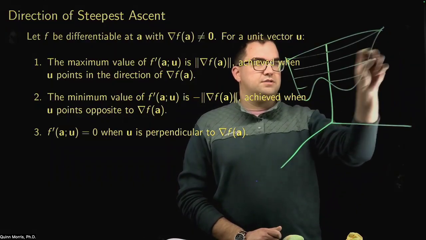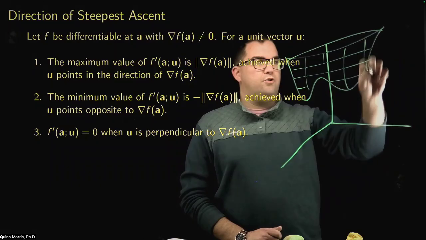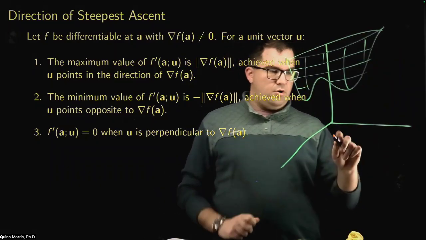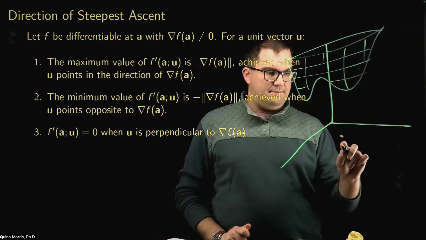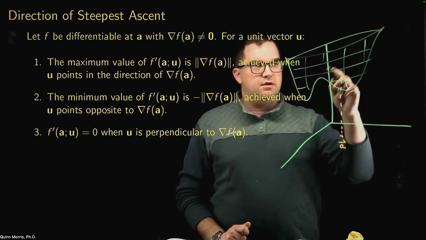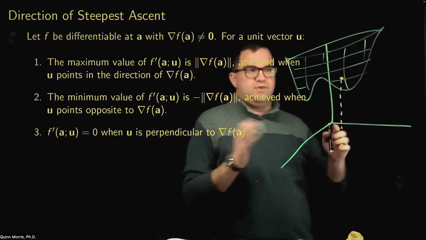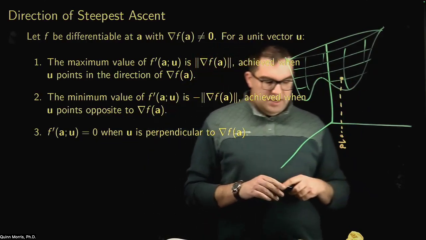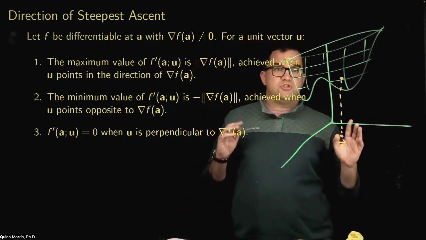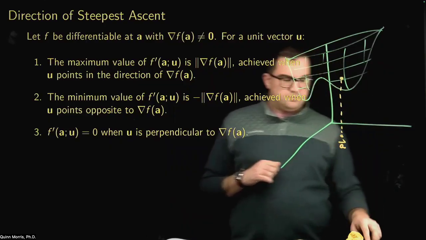You're starting to notice I have limited ability to draw three-dimensional surfaces. You pick some fixed point a in the domain, and you go up to the surface, and you can imagine you're standing on this surface. And you're wondering, of all the directions I could go, which direction is going to be the steepest?